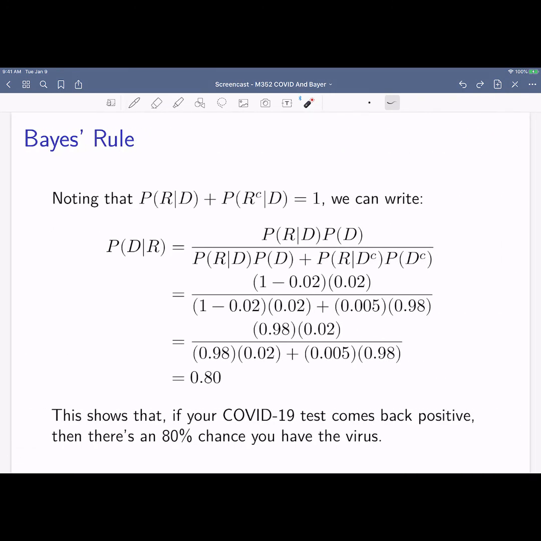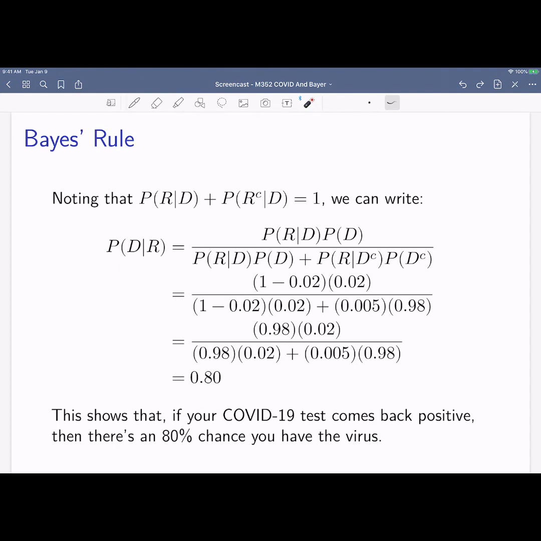So noting that we have this standard property of probabilities, we can use Bayes' rule, plug in our numbers, compute, and we get 80%. We get a 0.8 probability. So under the conditions we just talked about, the probability that if a person gets a test back positive, they have the disease is 80%.